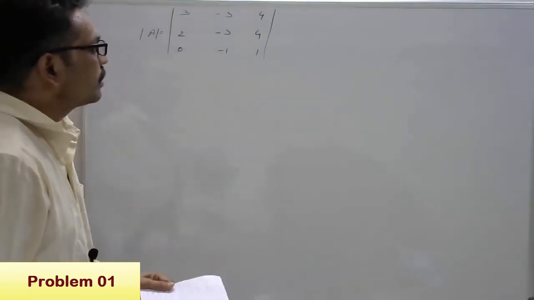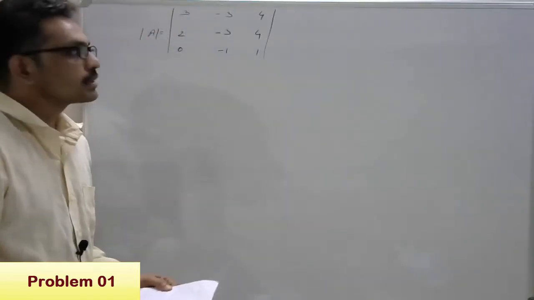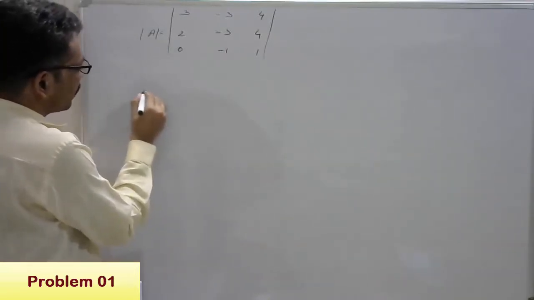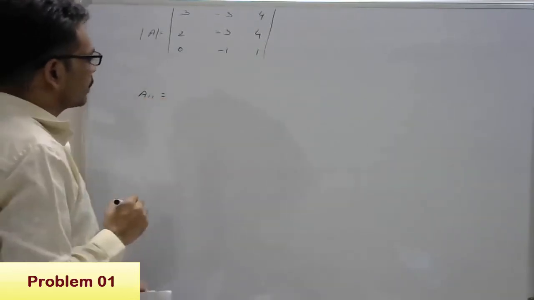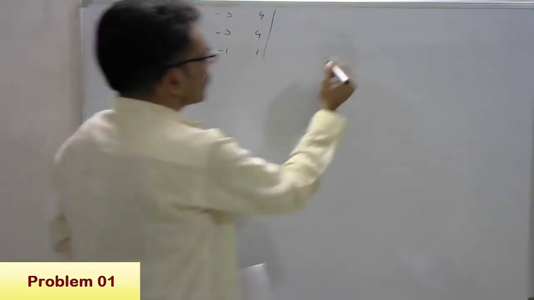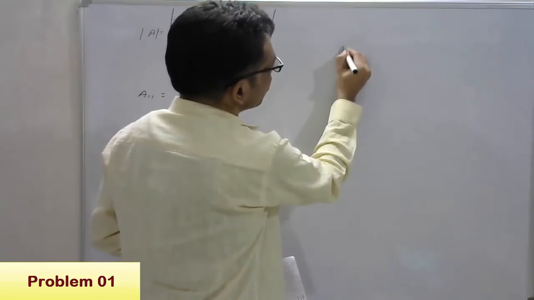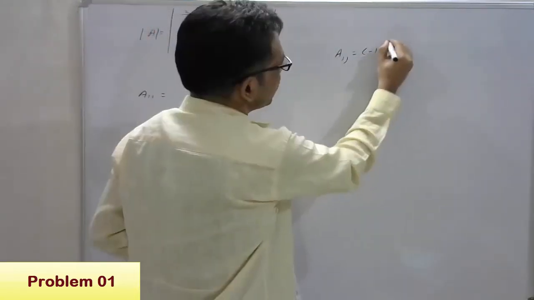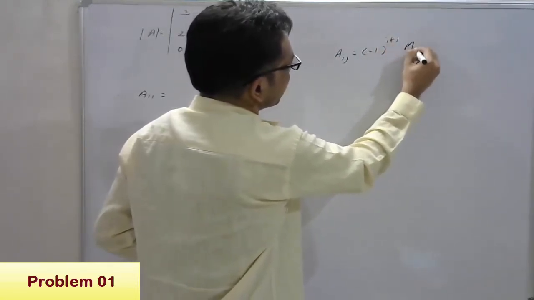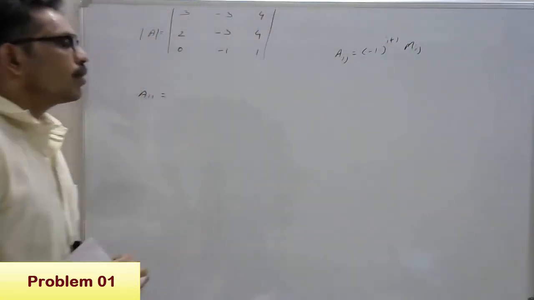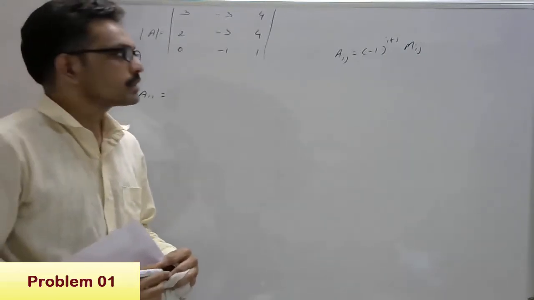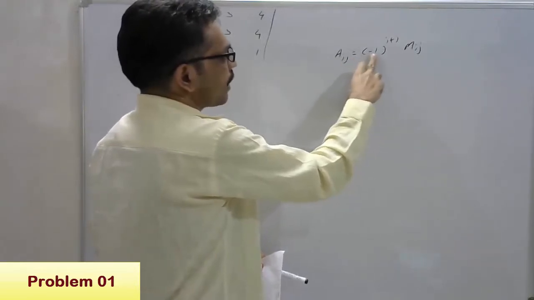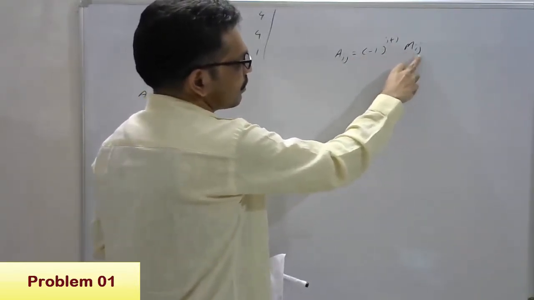Now, to find the cofactors of the given matrix. A11: the cofactor of an element of the matrix is defined by Aij equals -1 raised to i plus j, into the minor Mij.